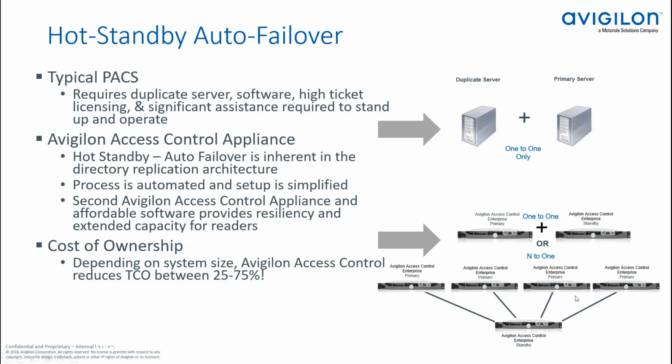So that's a solution for a customer who is not interested in spending money or not interested in the reliability of one-to-one. They could utilize a more affordable solution, having up to 4 primary servers synchronize with one hot standby.